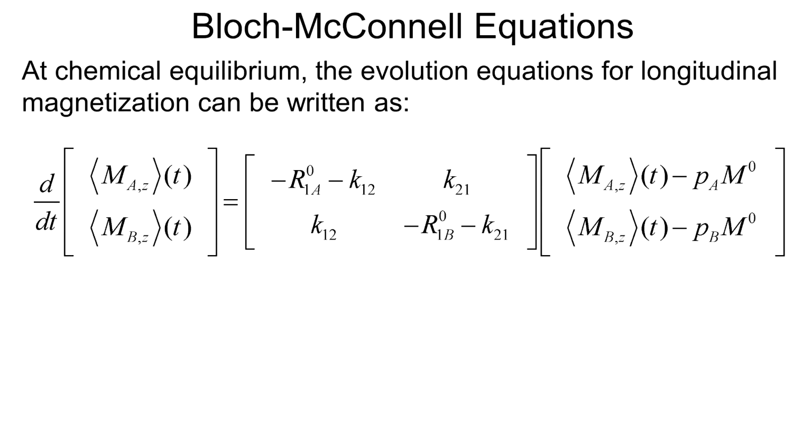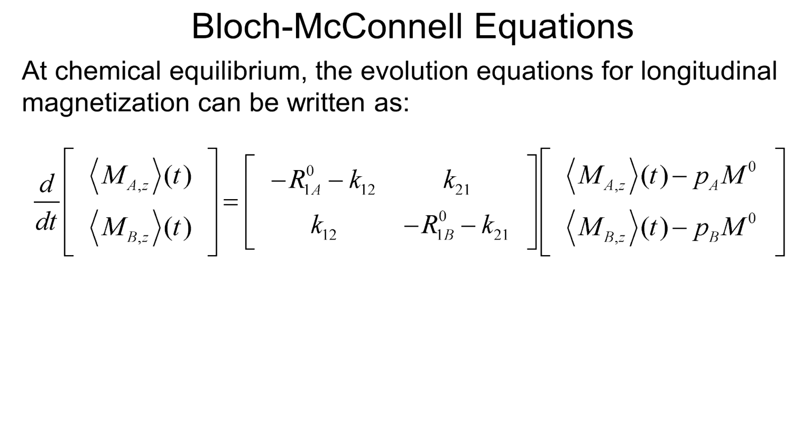So Z magnetization in the Bloch equations would just relax with R1 back to Boltzmann equilibrium. But now, in the presence of states A and B, magnetization can be transferred from A to B and from B to A when the molecule changes state from A to B and carries the nuclear spin along with it.